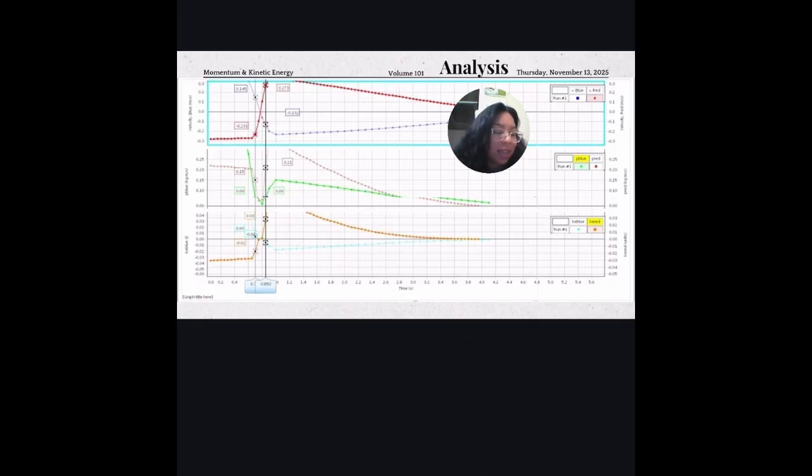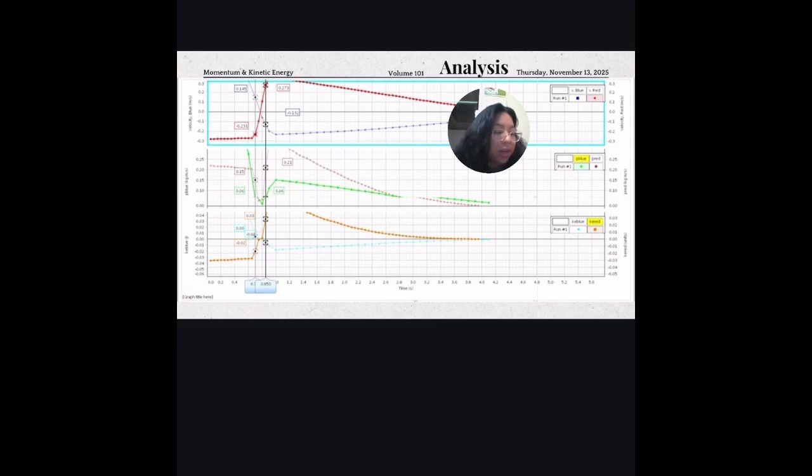And so for our second point, the time changed to 0.850 seconds. And so the velocity of our red car, the red line, is 0.273. Our velocity for our blue car, the blue line, was negative 0.132. For our momentum of our red car, it was a light red line with 0.21.